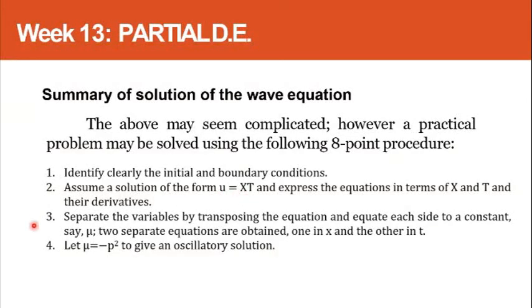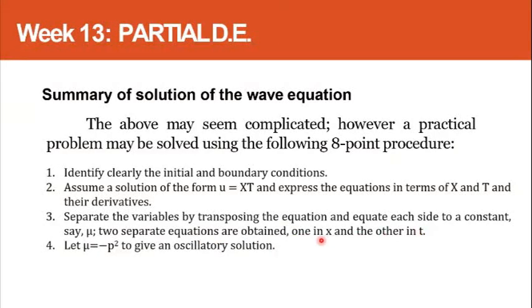And next daw natin for number 3, separate the variables by transposing the equation and equate each side to a constant. Say, two separate equations are obtained, one in x and other in t.